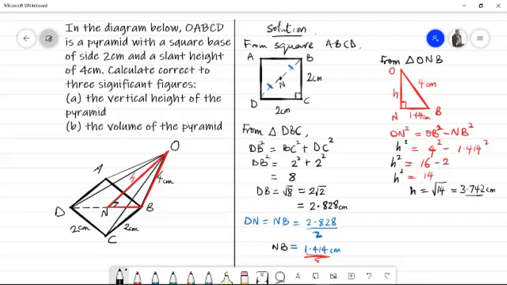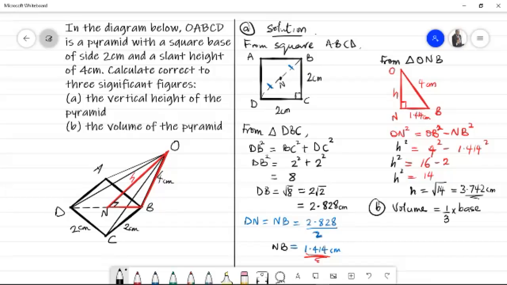Question B is to find the volume of the pyramid. The volume of a pyramid, as we know before, is equal to 1/3 times base area, times the vertical height.